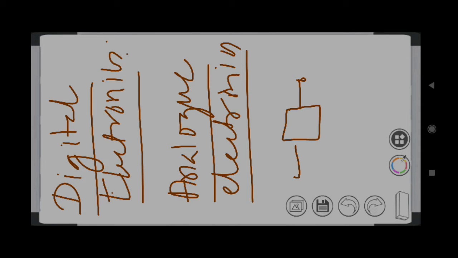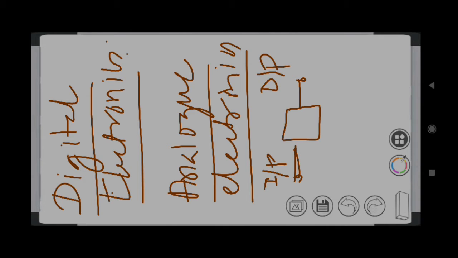Okay, this is an analog electronic circuit. As you change the input voltage, the output voltage also varies according to the changes in the input signal.